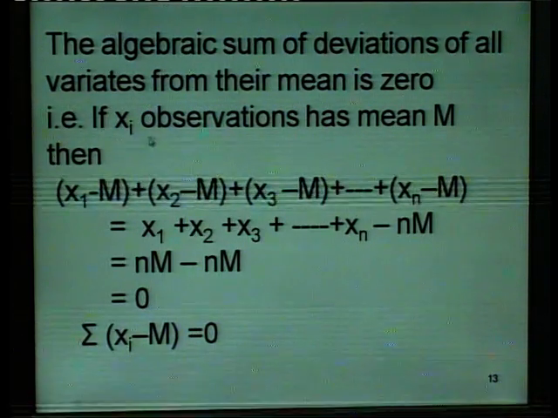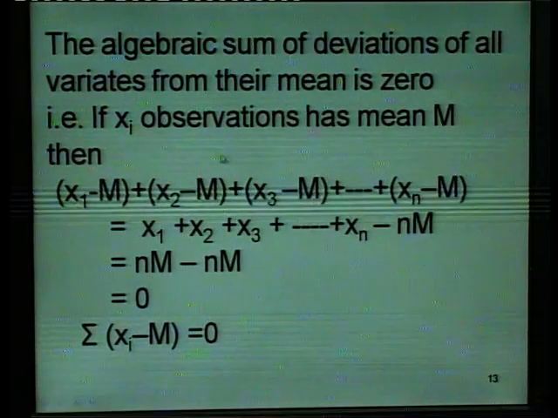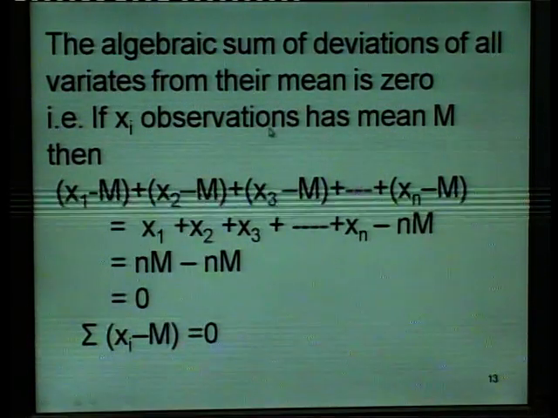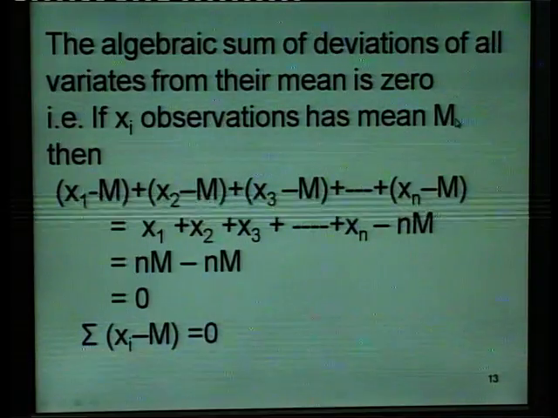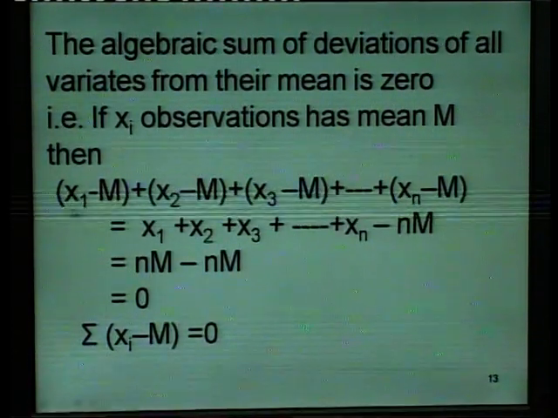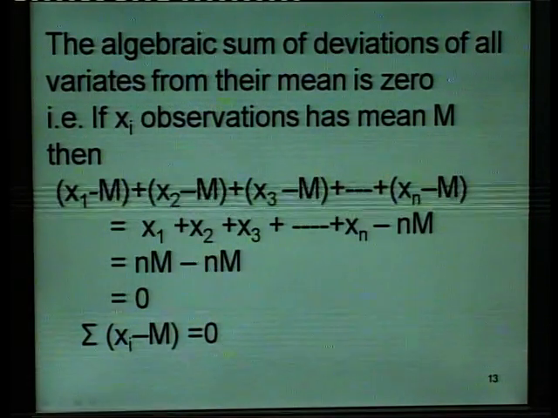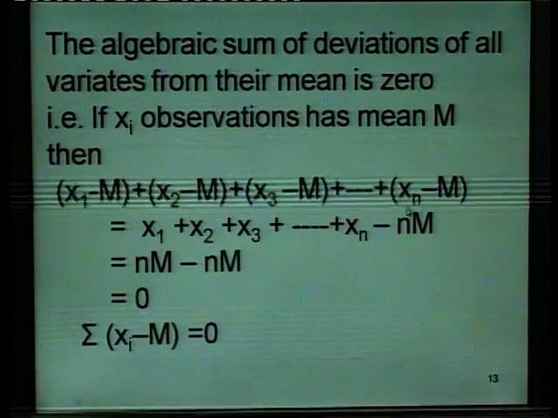That means if x1, x2, x3, all observations together come up to mean m, then first take x1, subtract mean from x1 plus subtract mean from x2, subtract mean from x3 and subtract mean from xn, and then add.